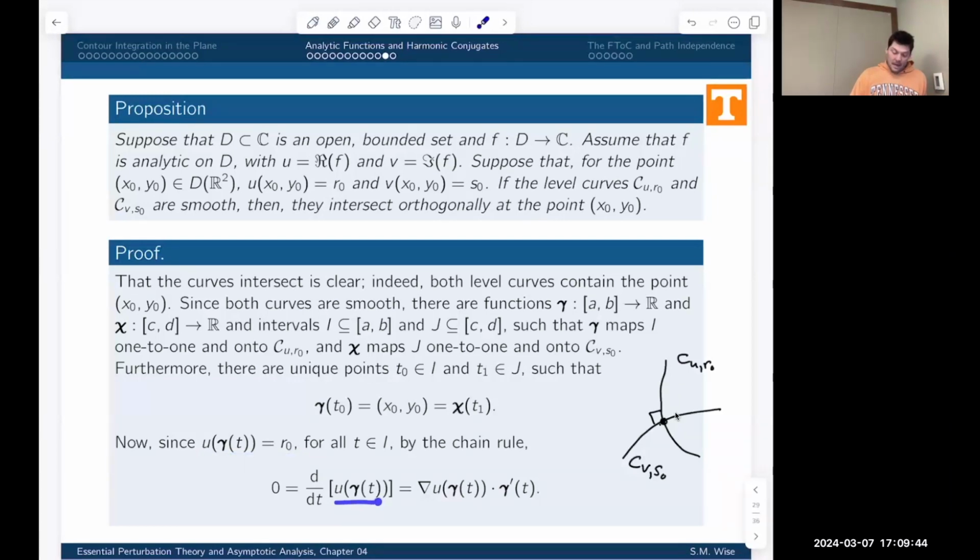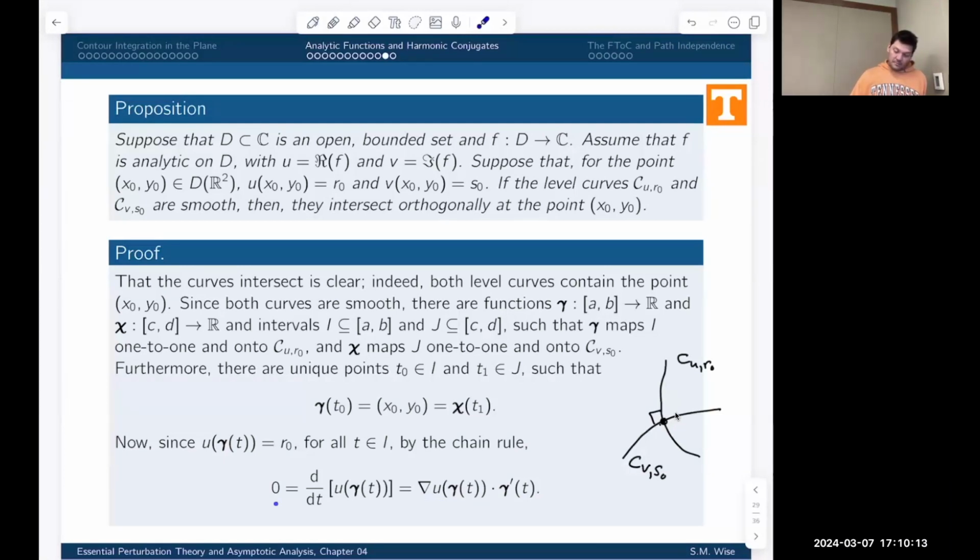The derivative has to be equal to 0 with respect to time because it's a constant in time. And what I get is the gradient, because I have to use a vector chain rule. I have to take the gradient of u, and then take the ordinary derivative with respect to time of the thing inside, which is a vector, and dot them together. Vector chain rule, does everyone remember hearing about that?